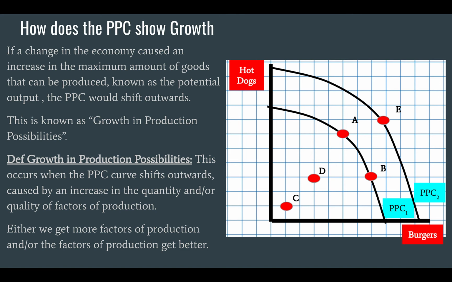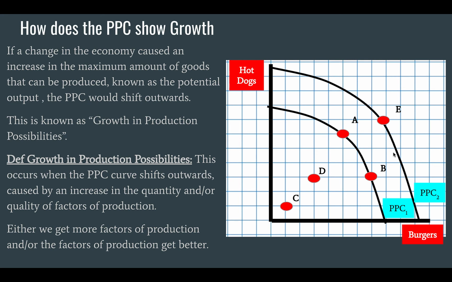The reason that the production possibilities curve shifts outwards is only because of an increase in the quantity of factors of production, the quality of factors of production and or the state of technology. That means that because the quantity and quality of our factors of production has improved, the entire productive capacity, the potential production that now can occur, assuming all of our factors of production are being used efficiently, has now increased.